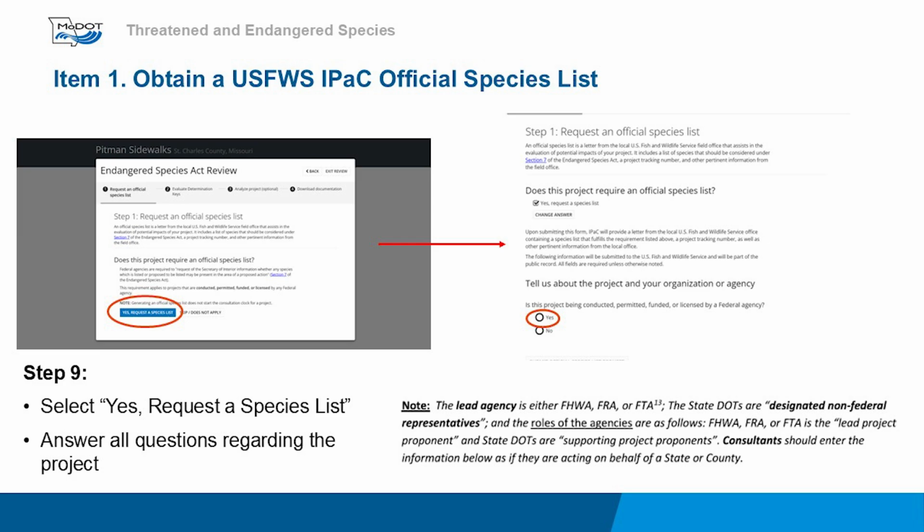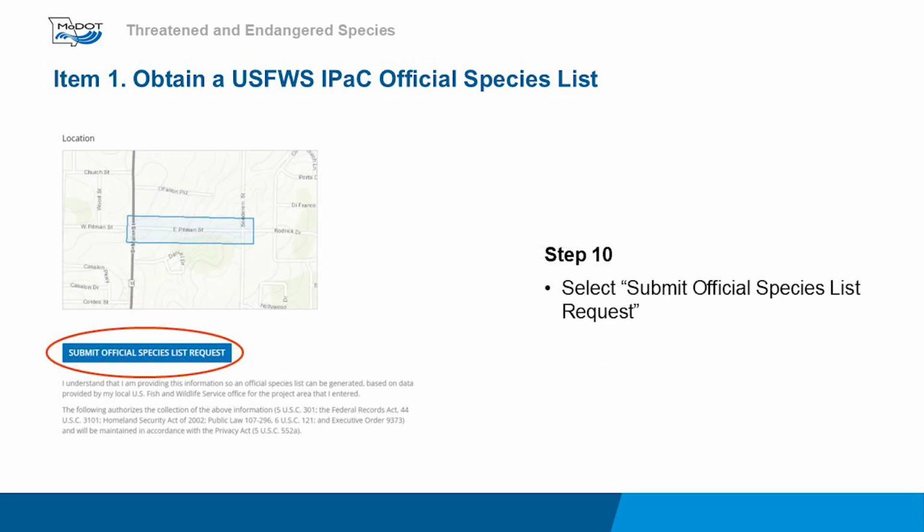You will have an opportunity here to update the project name, description, and select a project type. After answering all the questions, the Submit Official Species List Request box at the bottom of your screen will turn from gray to blue, indicating that you can now click this box. Click Submit Official Species List Request to generate your list.